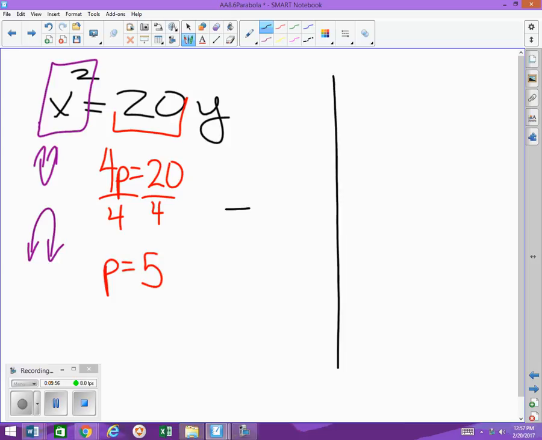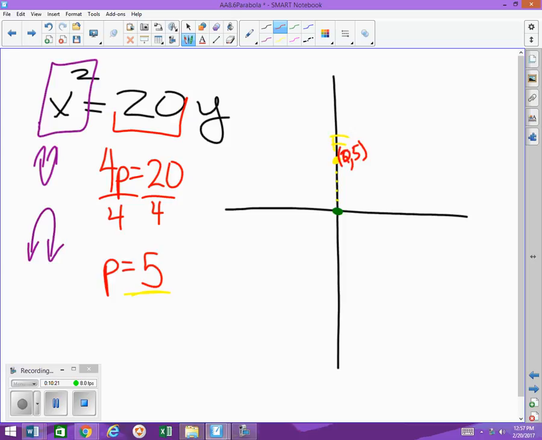So on our coordinate plane, we know our vertex is at 0, 0. The focus is going to be 5 away from the vertex, so 1, 2, 3, 4, 5 up is our focus. And that coordinate is at (0, 5).